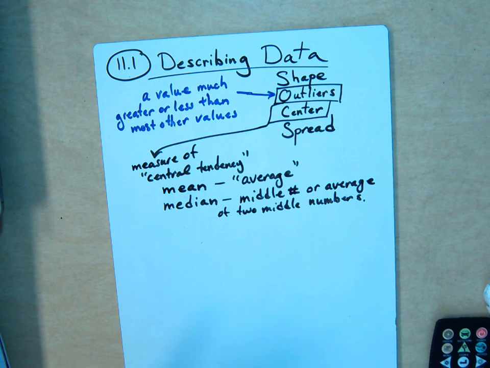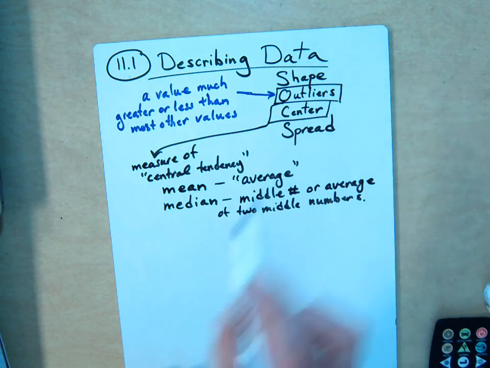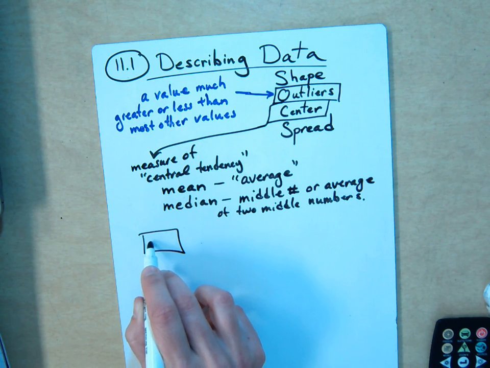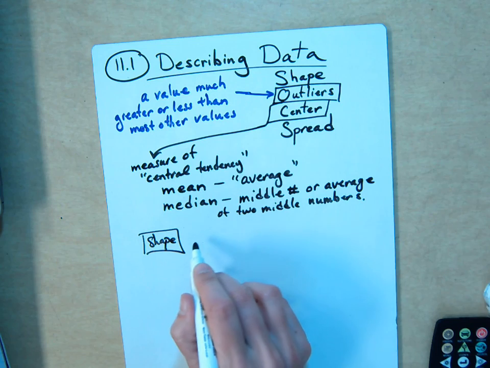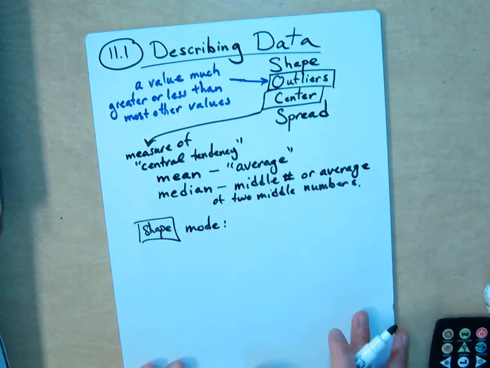So there's mean and median for center, and then for shape, you're going to get other ways to measure shape, but for now, the one that you've seen is mode. That's one way of describing a shape. There are others, and we'll get there.